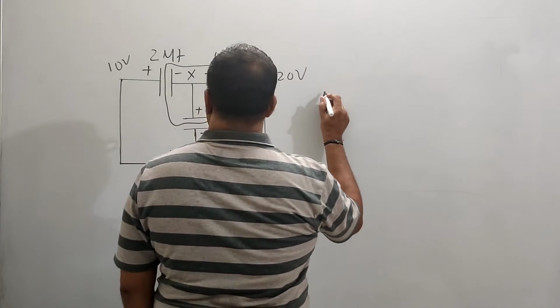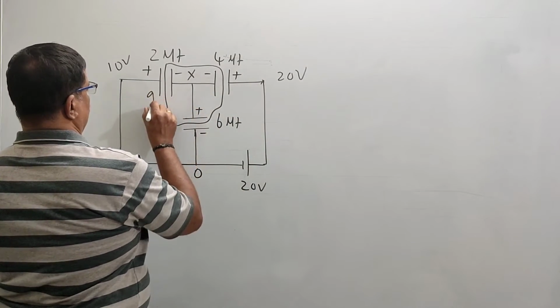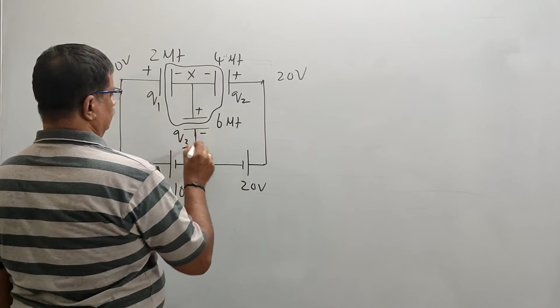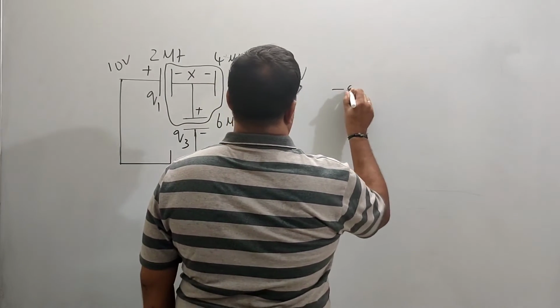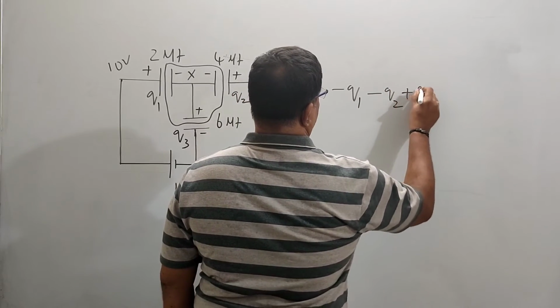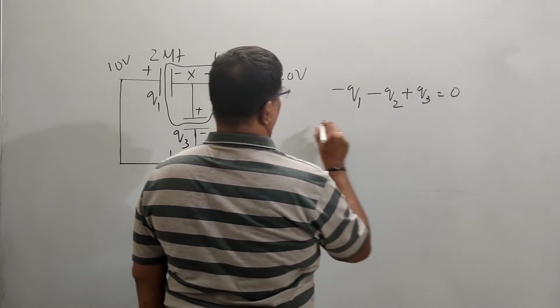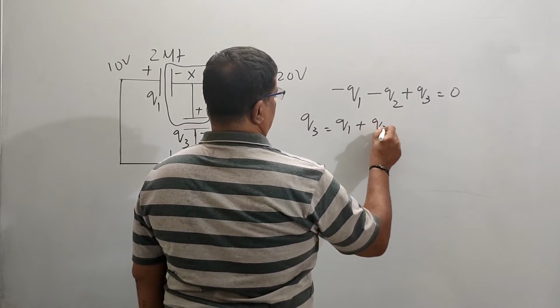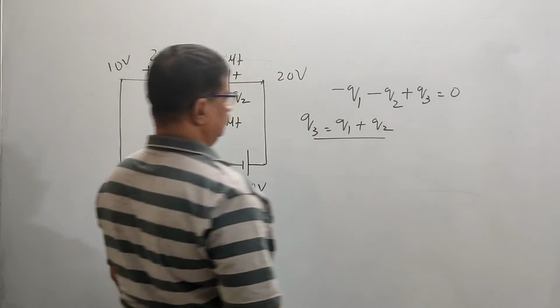So we can write the charges: Q1 on this capacitor, Q2 on this one, and Q3 on this one. So we will write minus Q1 minus Q2 plus Q3 equal to 0, or Q3 equal to Q1 plus Q2. That is our first equation.